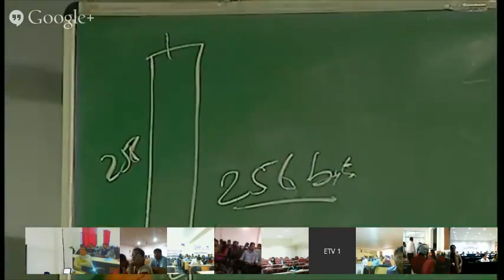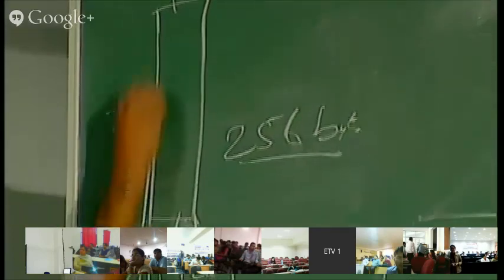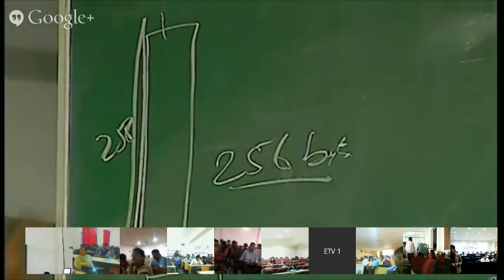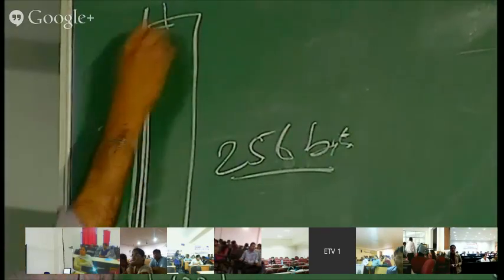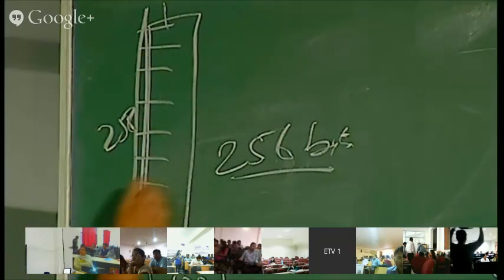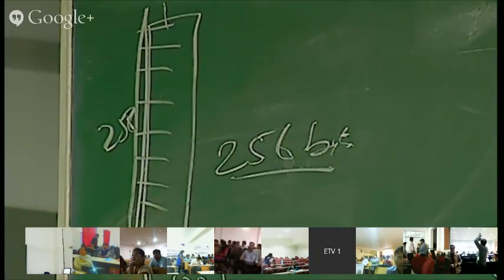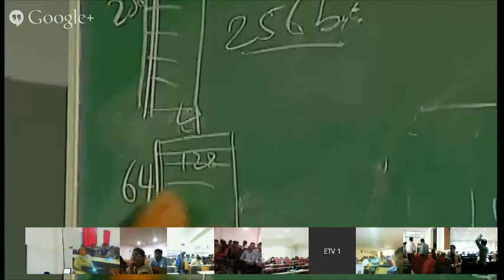Now what happens is this one will take more power because there is one bit line which goes from here to here, and this bit line connects to all these cells like this. So the length of this is more.